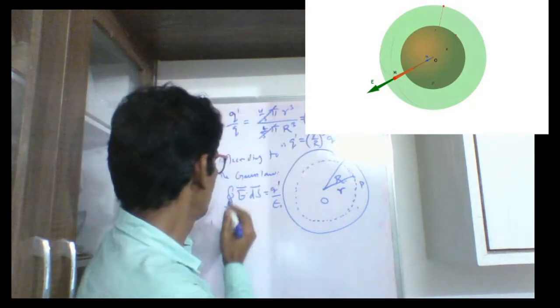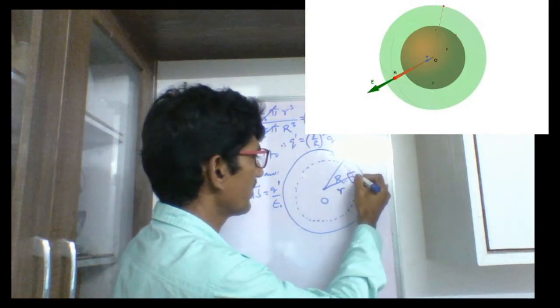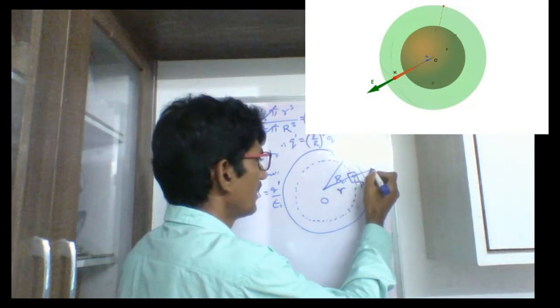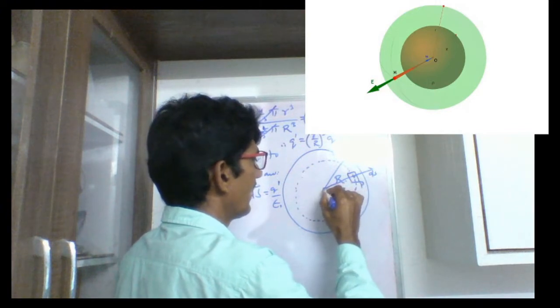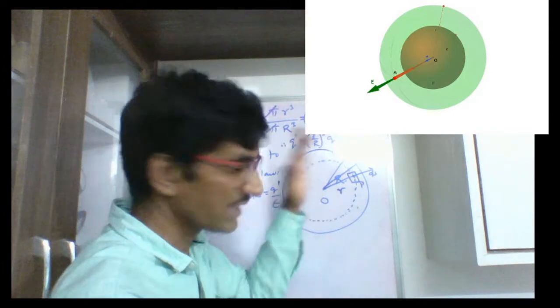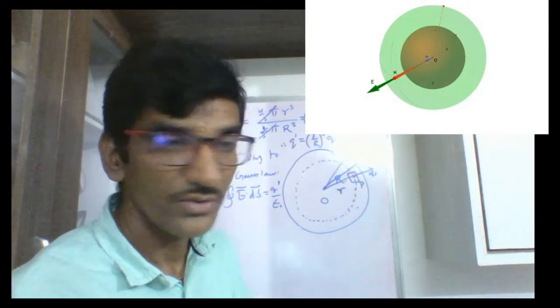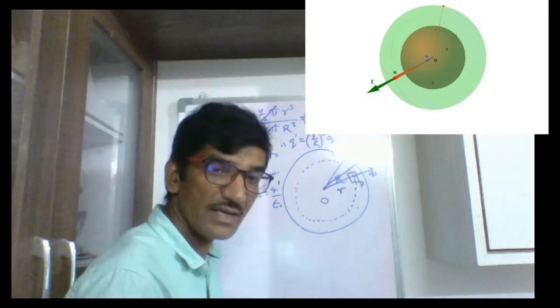Now consider a small infinitesimal element of surface on the Gaussian sphere and write its direction. As in the earlier case, your field lines are also directed in the same direction. This is the direction of E. Here also, E vector and ds vector are parallel.